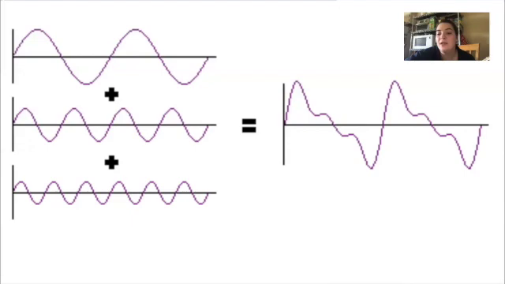So if we take a look at this graph, right? This middle one. This is what something that the middle graph could sound like.